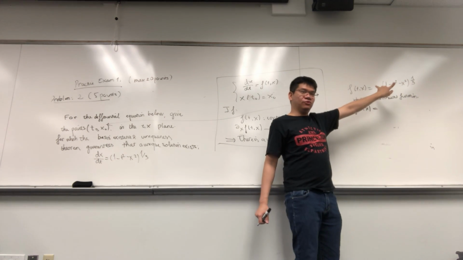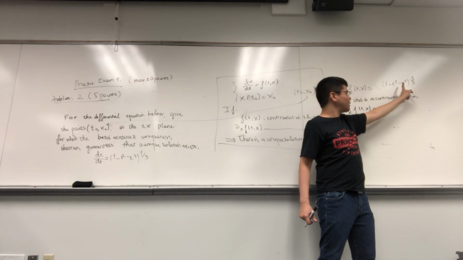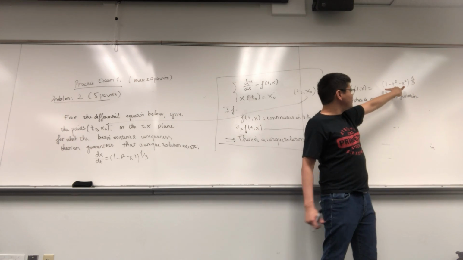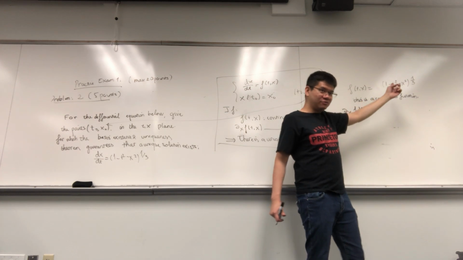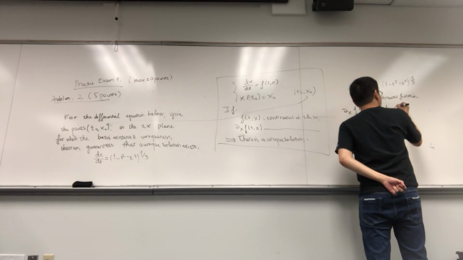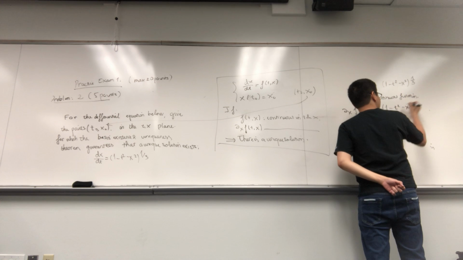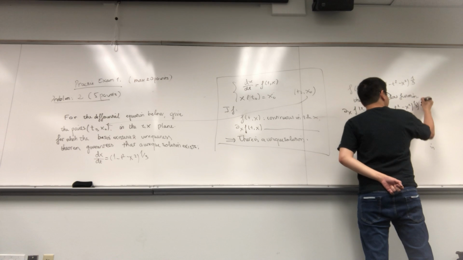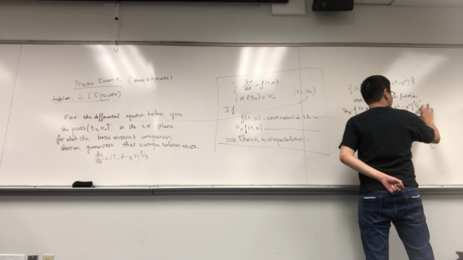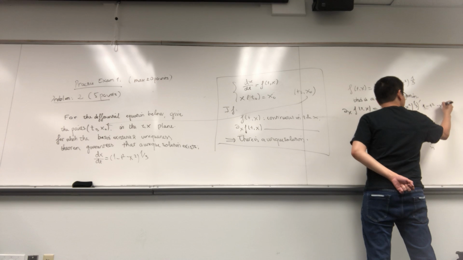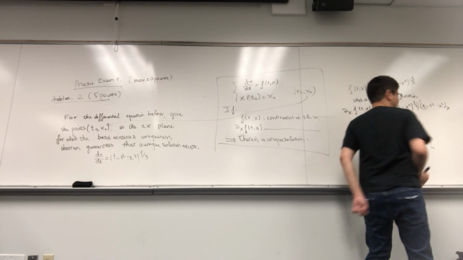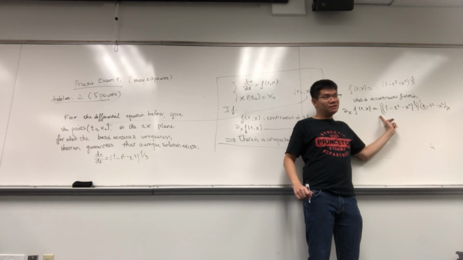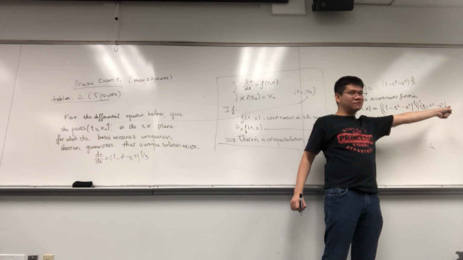We're going to use the chain rule for the inside, which is 1 minus t squared minus x squared. You take the derivative in x of this, and the outside is the power 1/3. When you take the derivative, you get 1/3 times (1 minus t squared minus x squared)^(-2/3), times the derivative in x of the inside. This is the chain rule: you take the derivative of the function outside, and then the derivative of the guy inside.